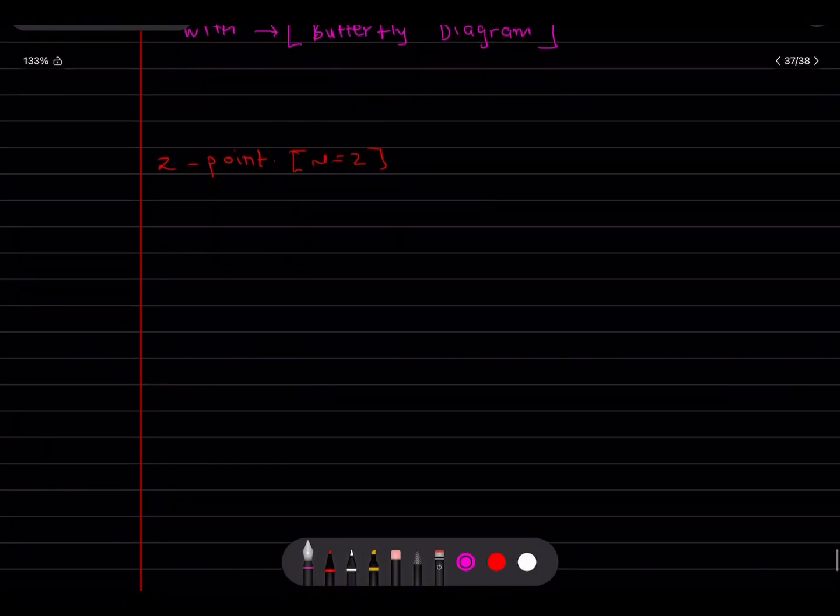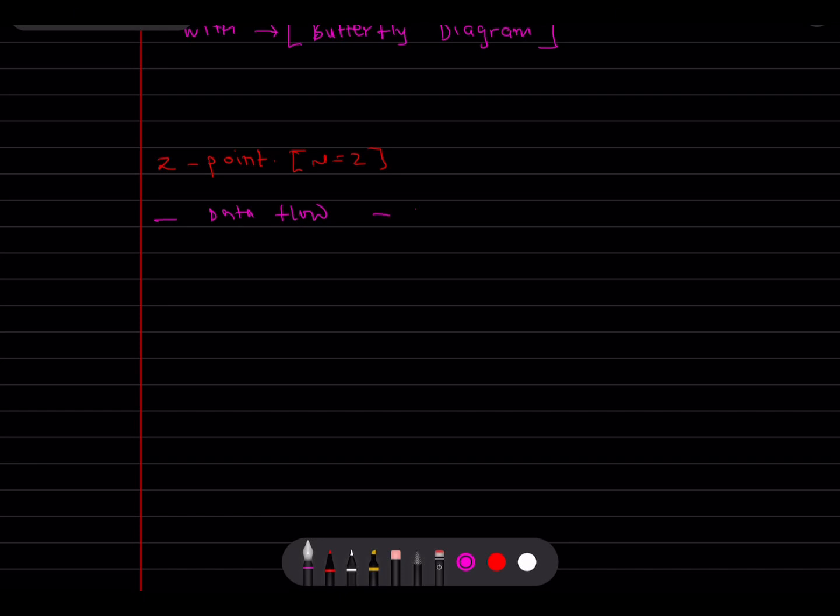These are some key points that we have to take note of about the butterfly diagram. As I said, the butterfly diagram is a graphical representation of data flow and calculations performed in the FFT algorithm.